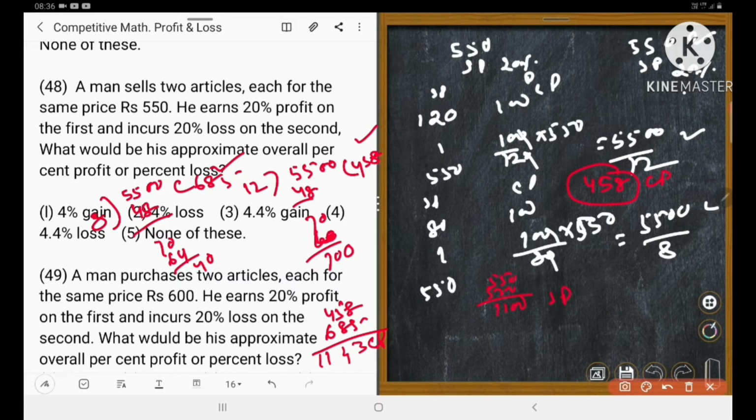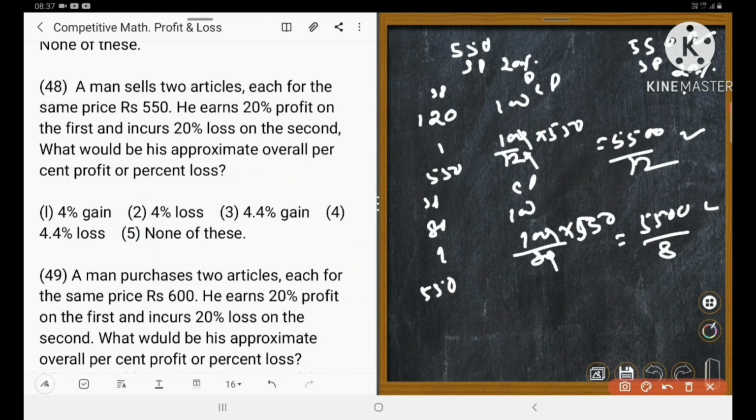There is a loss. 1143 minus 1100 is equal to 43, around 4% loss. Could you understand? Which is the right answer? 4% loss. Number 2 is the right answer. Okay.